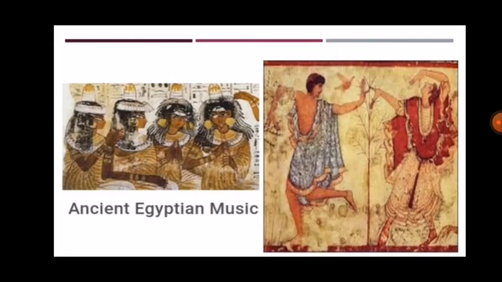Then music and dance were also very important in the early civilization. They were an essential part of celebrating a festival. So at that time also there was music and dance. They were an important part in celebrating any kind of festival. Ancient people used many types of musical instruments.